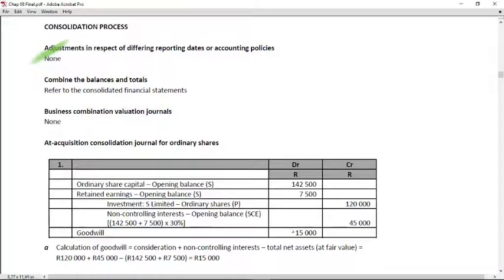We combine the balances and totals, giving effect to 100% P plus 100% S when we present the actual consolidated financial statements, and we still do not have any business combination valuation journals as we have not yet looked at Chapter 7. Now, before I go into the detail of the consolidation journal entries, I would like to use a timeline to illustrate what happened in this example.